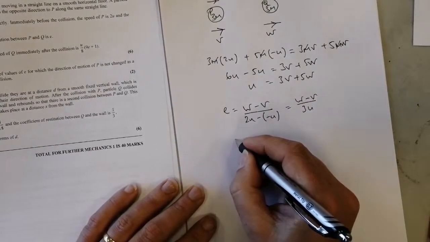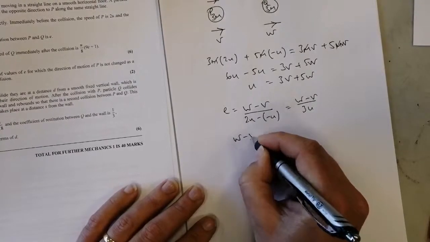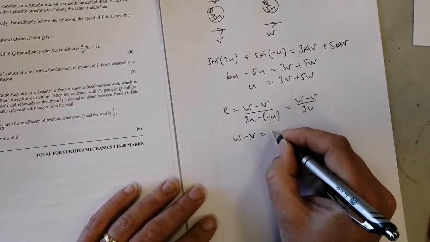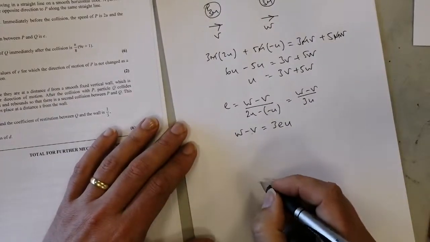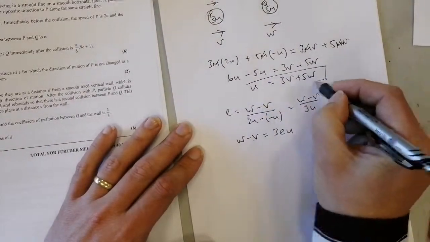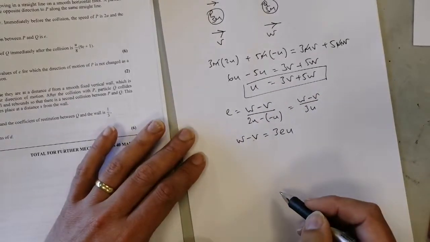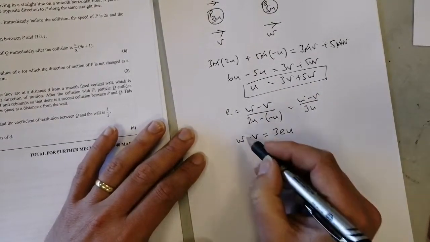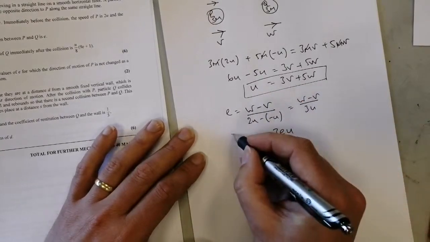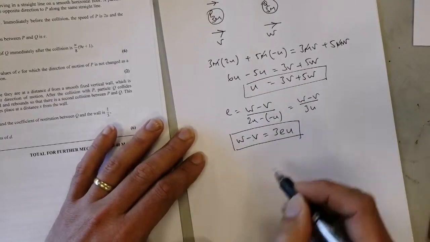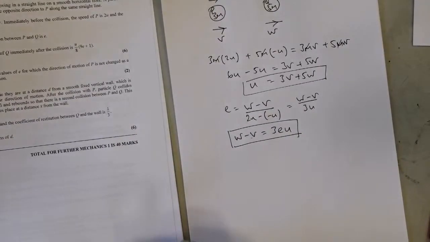Or if we rearrange that, W minus V is equal to 3eu. So there we go, we've got two equations. Equation 1, u is equal to 3V plus 5W, and that's from the linear momentum. And from the restitution, we've got W minus V is equal to 3eu.